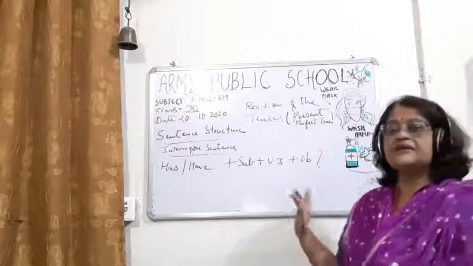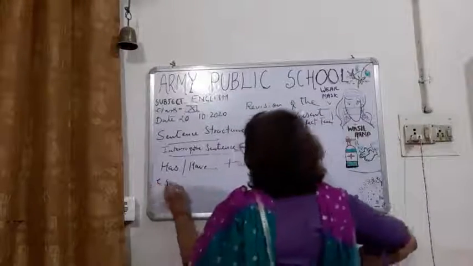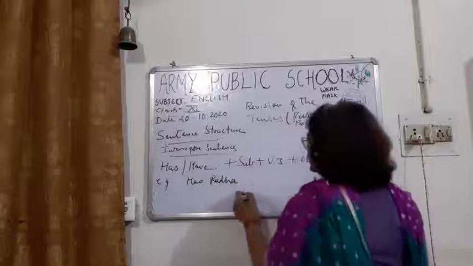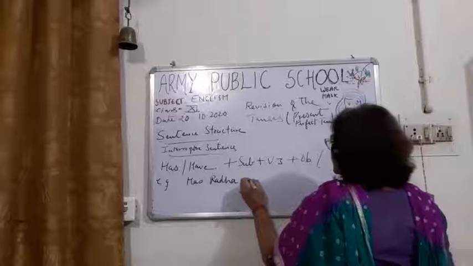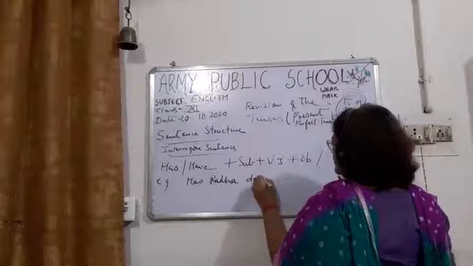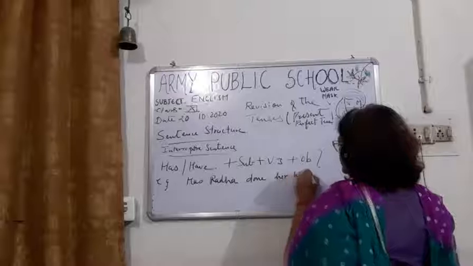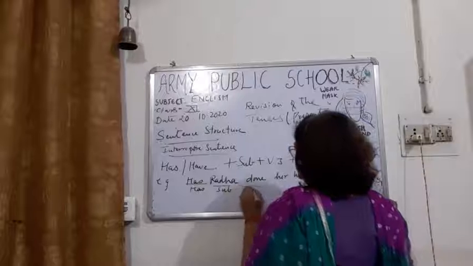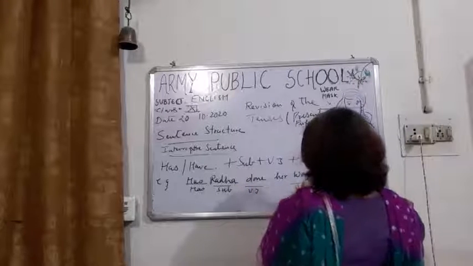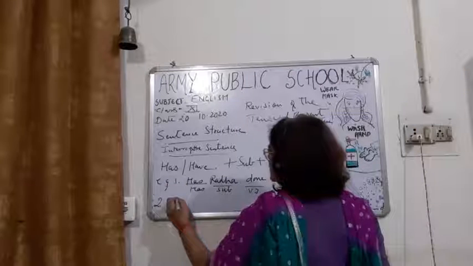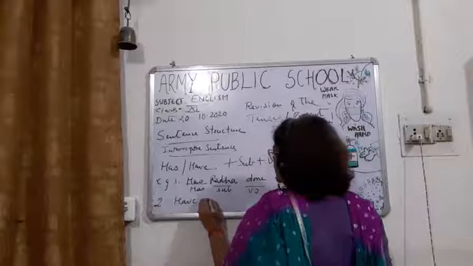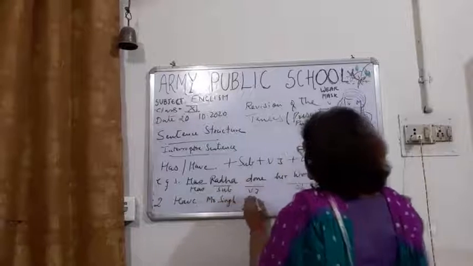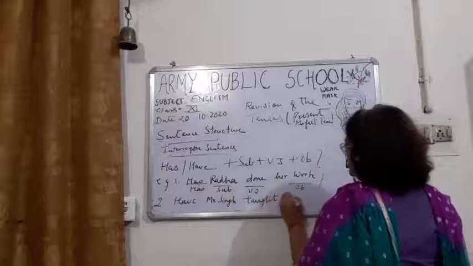Now I'm going to give some examples. Has Radha done her work? Here it is has plus subject plus V3 plus object. Then, have Mr. Singh taught the lesson?